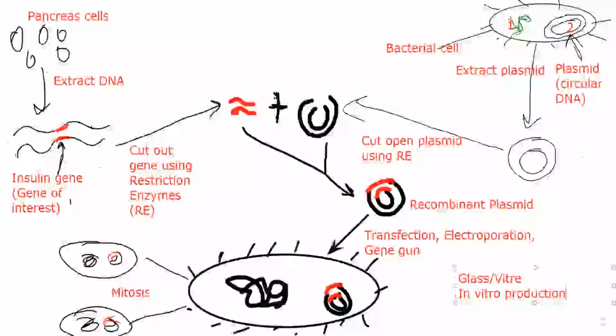Then they extract the ova and put them in test tubes. They call the husband to come. Maybe he can come with the whole family. They sing joyous celebrations until he ejaculates in the test tube. And inside there, fertilization goes on. It's in glass. That's why we call it in vitro fertilization.